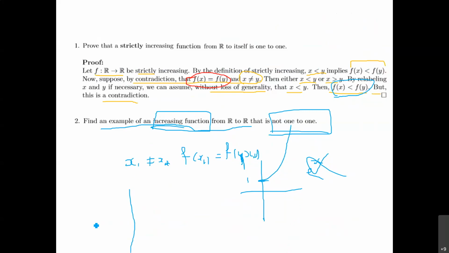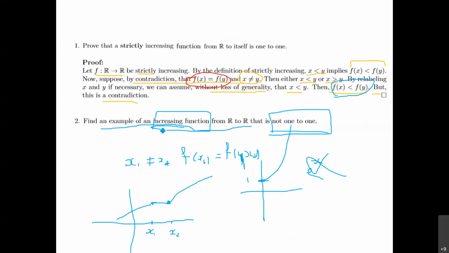So if I want to draw this, let's say I have here x1 and I have here x2. I want them to have the same image. But I also want my function to be increasing. So done. That's an example. Right? This is an increasing function.